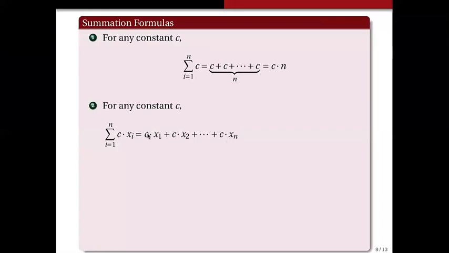Now c is a common factor, so you can factor that c. Therefore, you will have c times x sub 1 plus x sub 2 plus x sub 3 until x sub n.